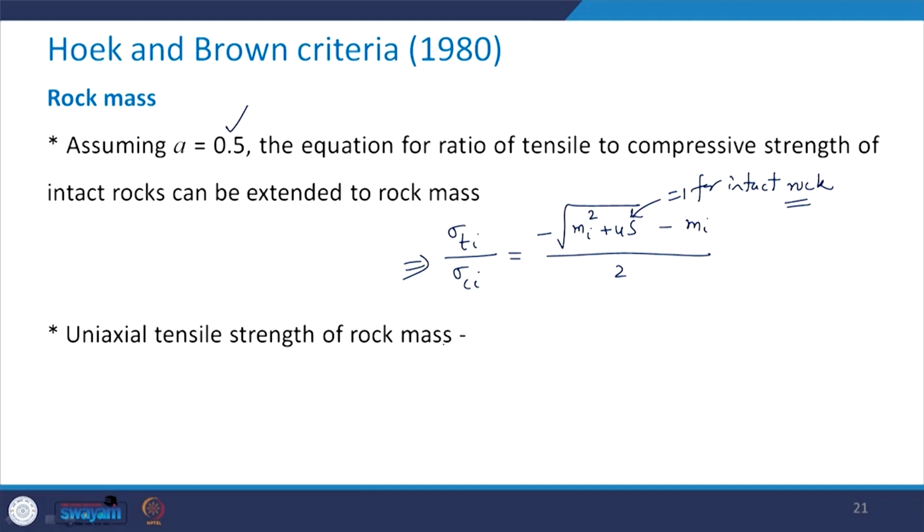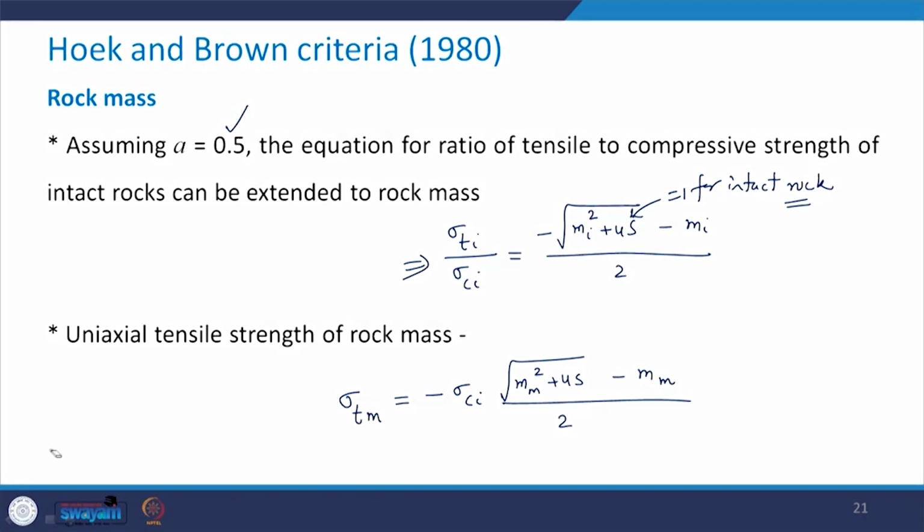So, that is how we are going to get the uniaxial tensile strength of the rock mass, that I would represent as sigma Tm. That would be minus sigma Ci, and that is going to be square root of mm square plus 4s, minus mm, divided by 2.